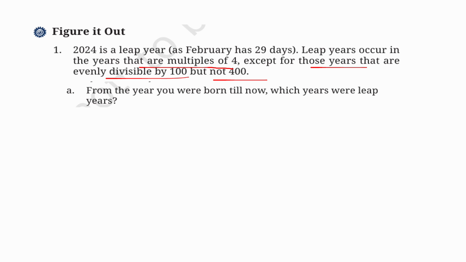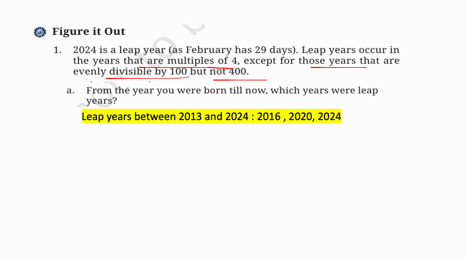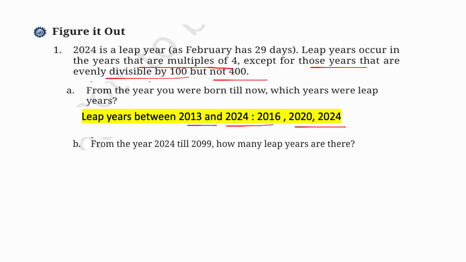From the year you were born till now, which years were leap years? So leap years between 2013 and 2024 are 2016, 2020 and 2024.